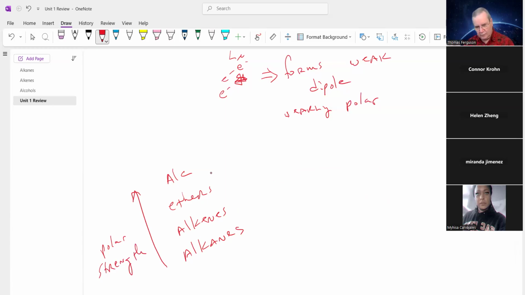These are increasing polar strength. Therefore, boiling point, melting point, and surface tension also goes up.